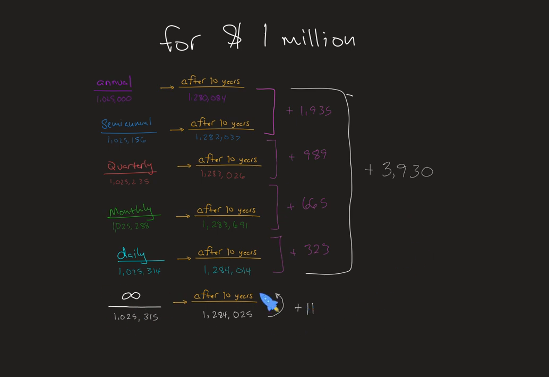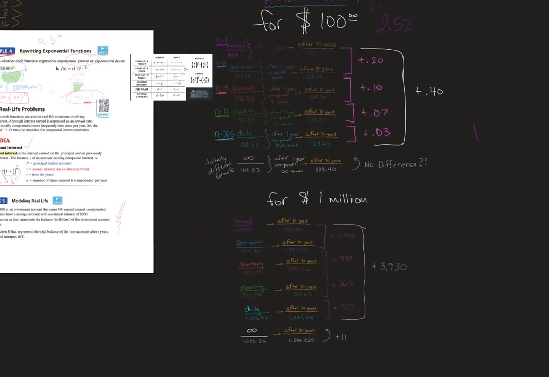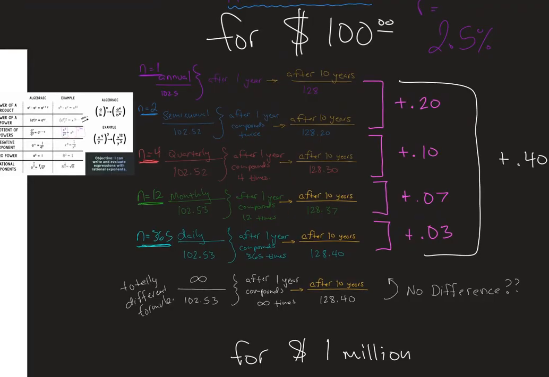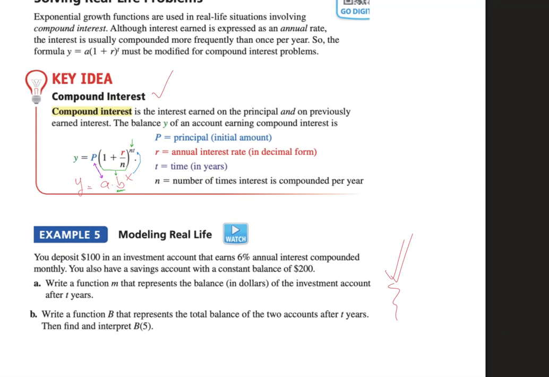And if you do this infinite one, this continuous one, so to speak, it's an extra $3,941 compared to just annually. So anyway, if you're like, that's confusing, it was just me showing you at a glance what happens based off of the different number of times it's compounded.